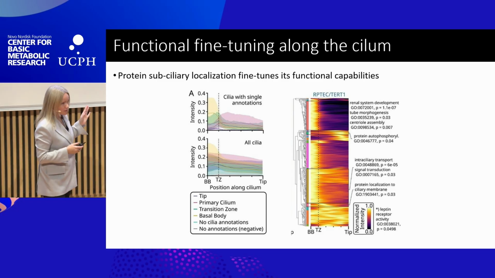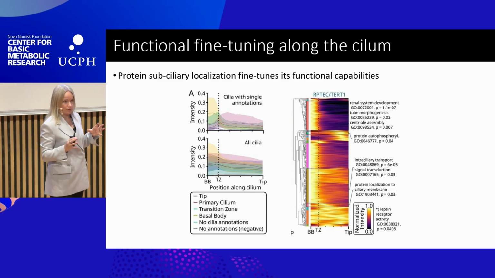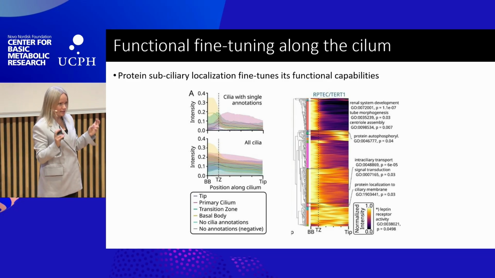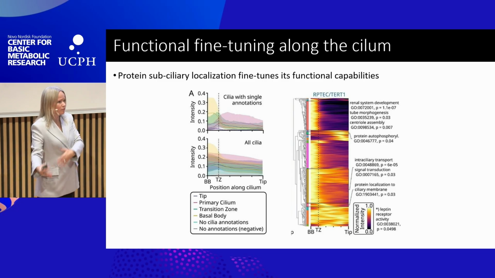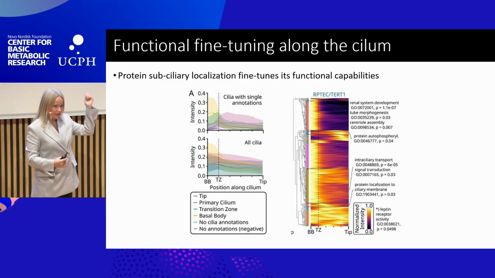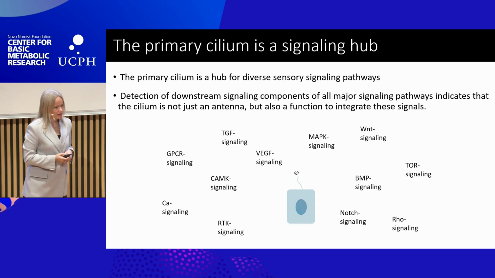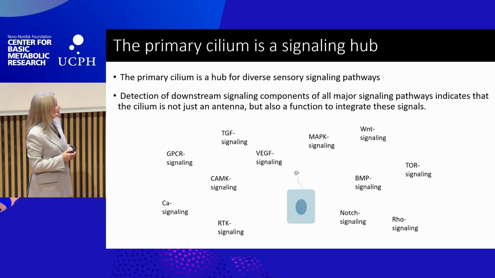And what is also interesting is that 90% of these proteins were also found elsewhere in the cell. So it's really not cilia-exclusive proteins as you have in many other organelles. These are really proteins that perform functions elsewhere, and when needed, they also go to the cilium. And we know the cilium is a hub for sensory signaling pathways.